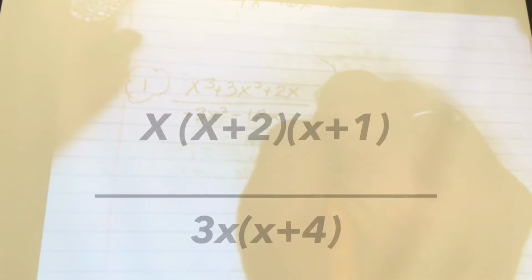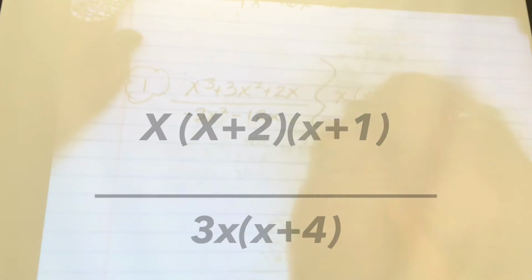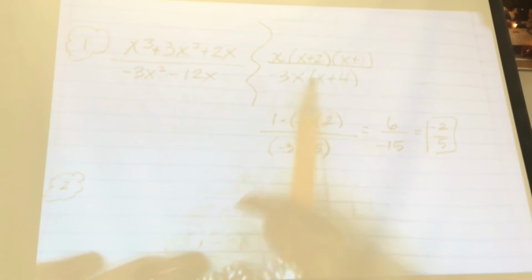x cubed plus 3x squared plus 2x over negative 3x squared minus 12x. I could plug it into that, or I can plug it into what I factored. If I prefer, I can plug it into x times x plus 2 times x plus 1 over negative 3x times x plus 4. I'm going to plug it into factored form.